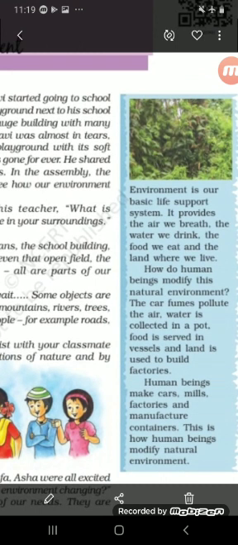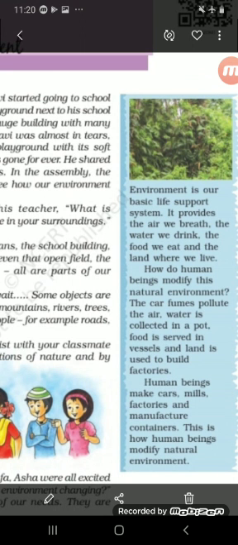How do human beings modify this natural environment? How have human beings changed the characteristics of environment? The car fumes pollute the air, water is collected in a pot, food is served in vessels, and the land is used to build factories. We human beings have modified the natural environment as per our necessity, as per our requirement.